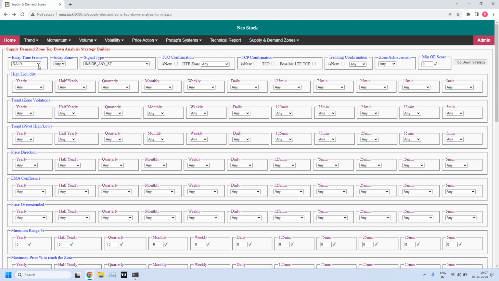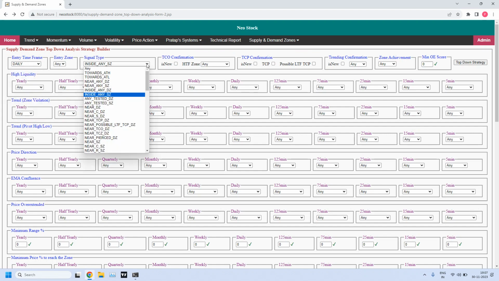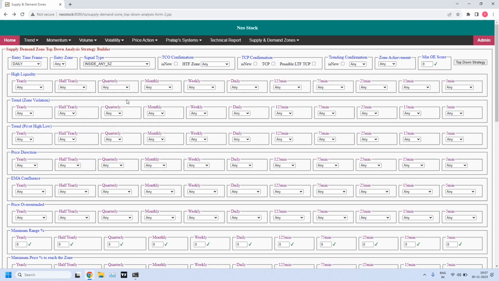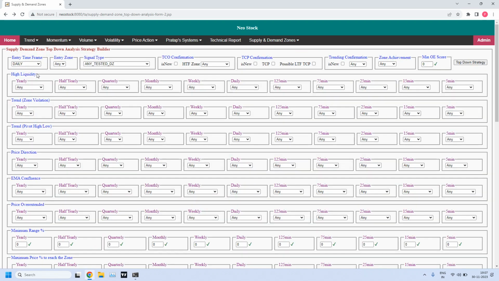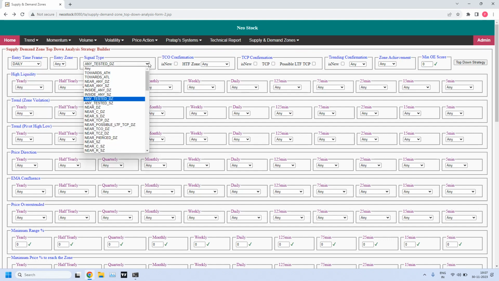Entry time frame is daily. Let us find the tested daily demand zones. So 10 daily demand zones are tested today. So let's go back. Entry time frame is daily.